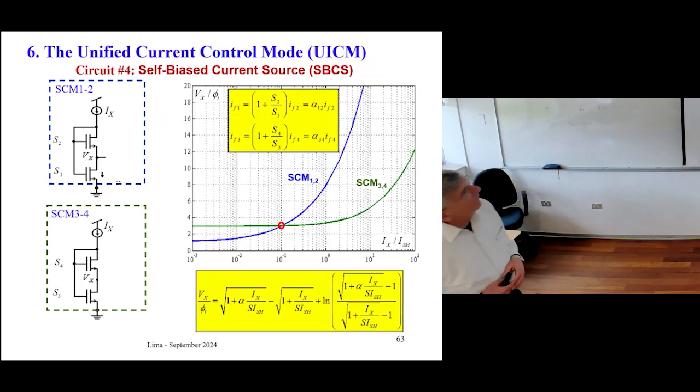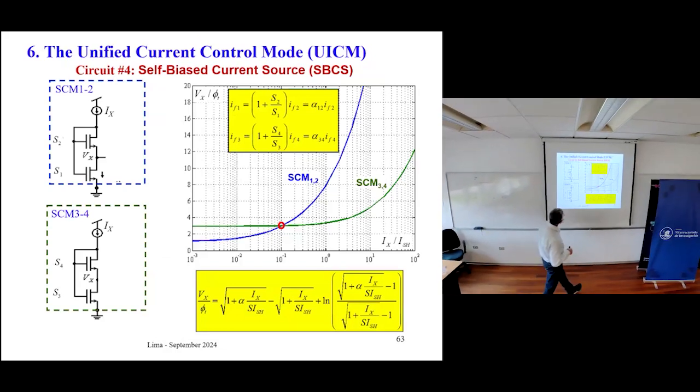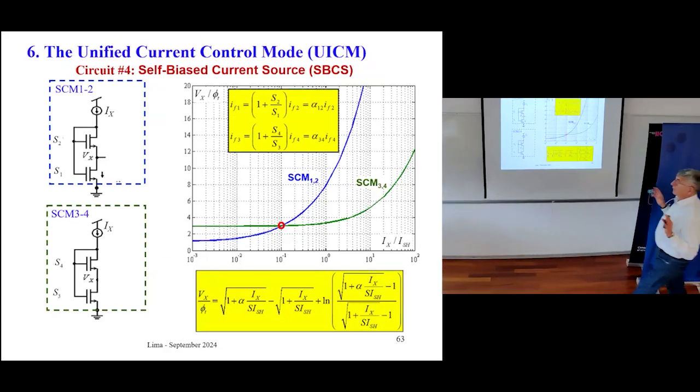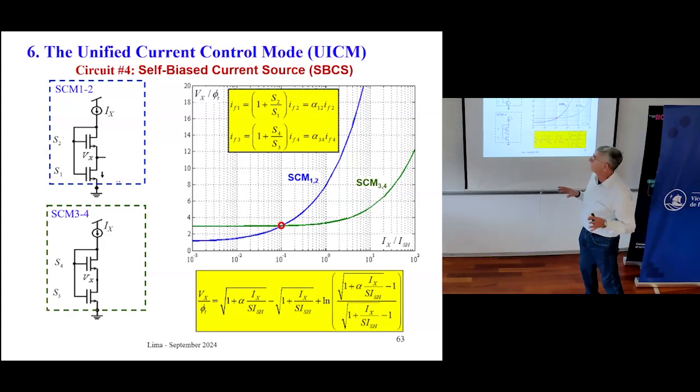Okay. Now I'm going to show an application that uses two SCMs. So you have here SCM 1.2 and SCM 3.4. Well, 1.2 because it's associated with M1 and 2 and 3 and 4. So we have two SCMs. Now these SCMs are different. They must be different.